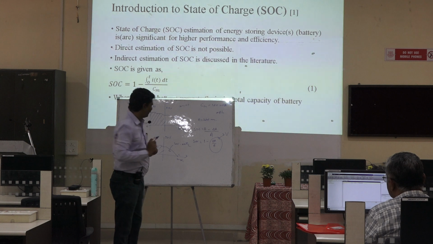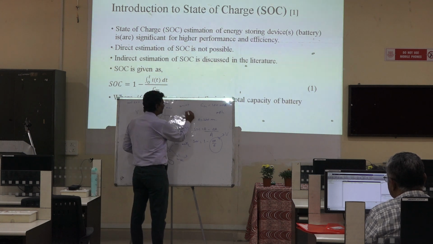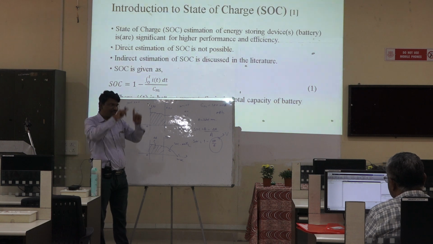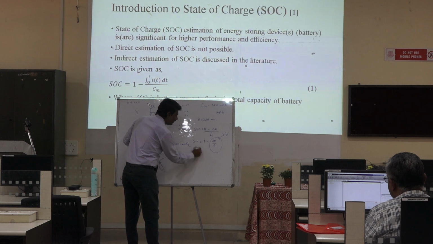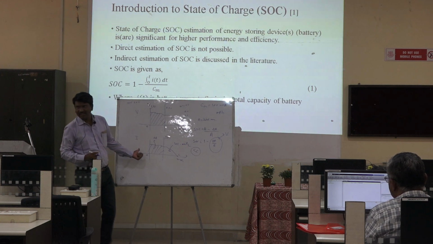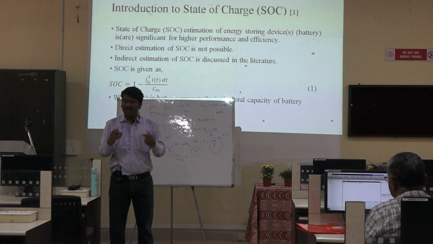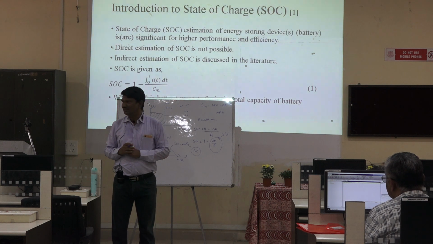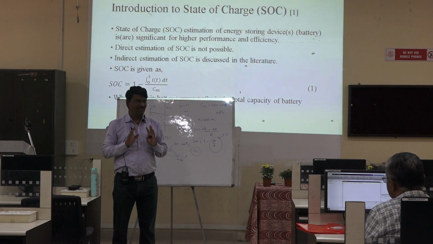The problem is that when you see the battery, we can have an open circuit and closed circuit. Whenever there is a closed path, in a closed circuit, the current can flow. In case of open circuit, current cannot flow. So whenever I drive the electrical vehicle, only then do we have the current.